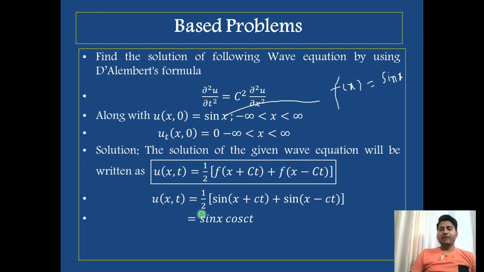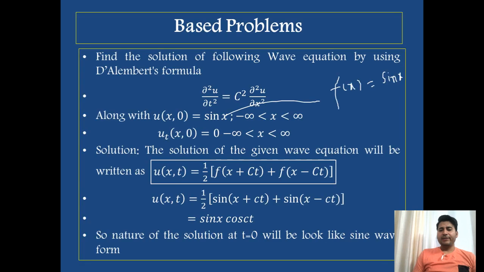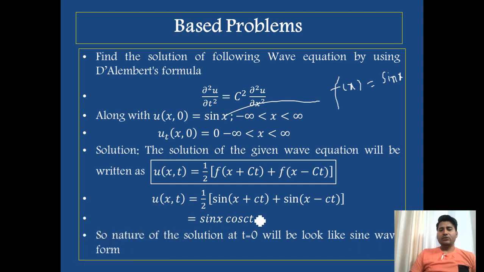Now I need to check how the string looks like at t equal to 0. If I put t equal to 0, cos ct is 1, so I will get sin x.